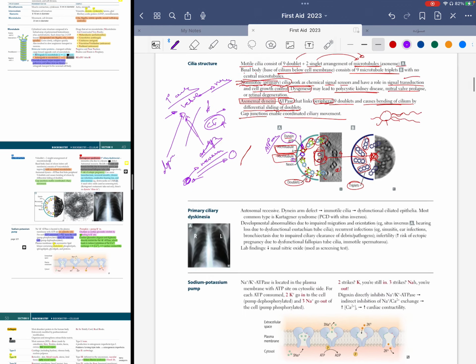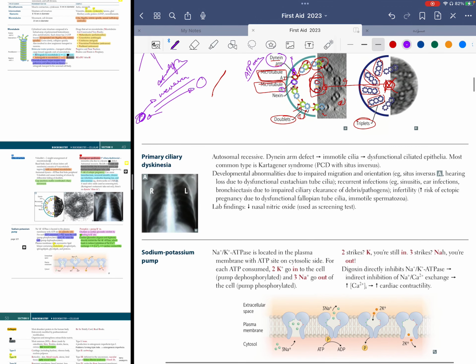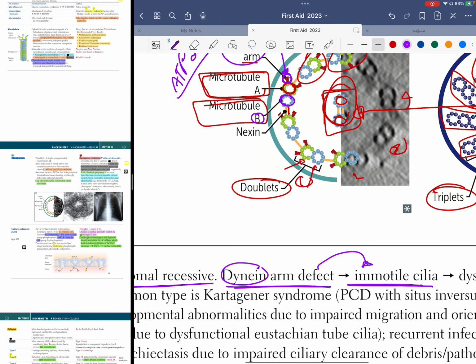And over here, it talks in more detail about primary ciliary dyskinesia. It's autosomal recessive, okay? It's a dynein arm defect and it leads to immotile cilia, of course. Because we don't have the dynein arm that allows these things to slide, the cilia are defective.